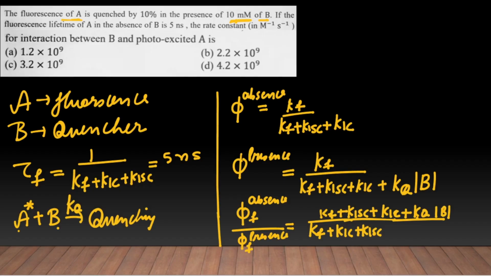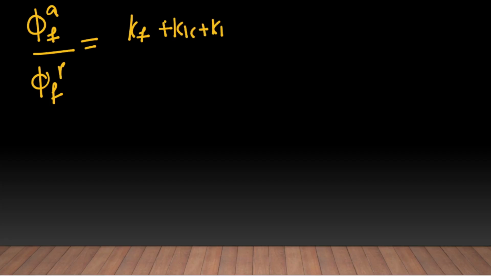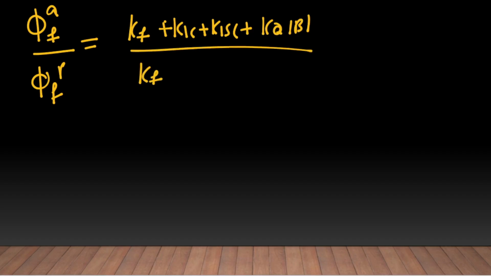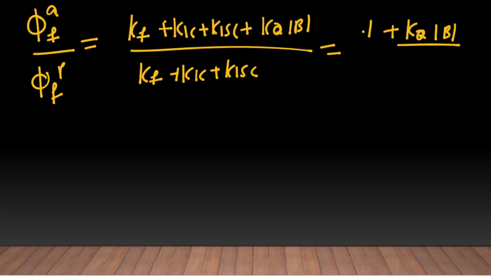So now with the quantum yield in the absence and in the presence, this becomes Kf plus KIC plus KISC plus KQ times B upon Kf plus KIC plus KISC, which we can write as 1 plus KQ times B upon Kf plus KISC plus KIC.